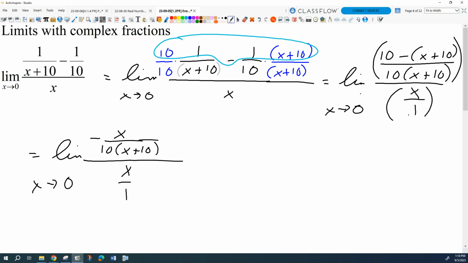So I could write this as a product of the top fraction times the reciprocal of the bottom fraction, like that, okay? But when I multiply fractions, I'm just multiplying straight across, right? So I'm really just doing that.